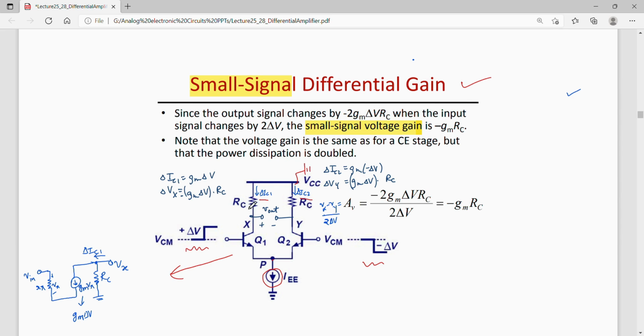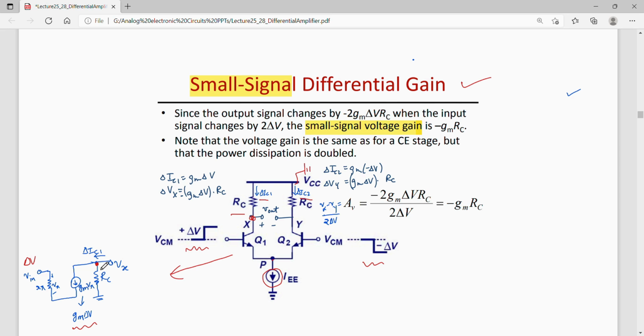For example, for this half, that is only the Q1 transistor, a small signal model circuit is shown over here, which contains V in, which is delta V. Then we have R pi and V pi, or V in or delta V, dropping across this. Then GM V pi, or in this case GM delta V. Then collector resistor RC. And at this node one can find Vx.